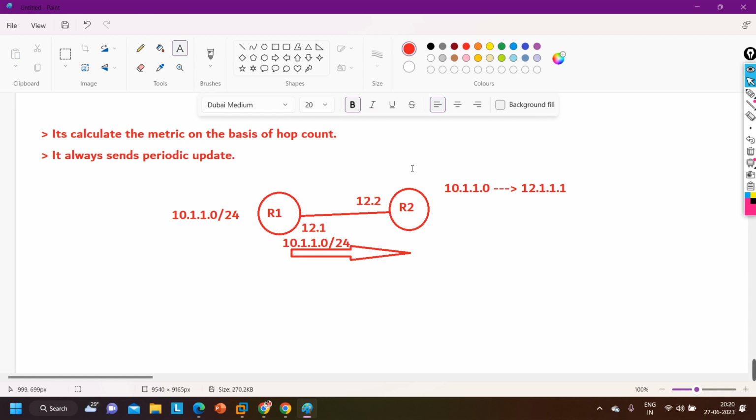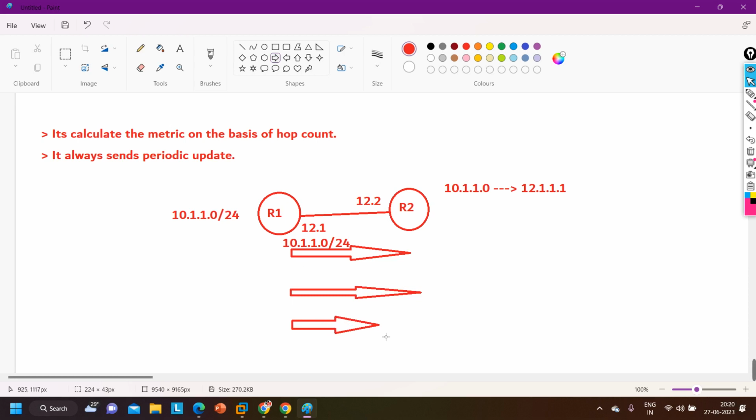No. But all distance vector routing protocols share periodic updates. It will share the same information after a periodic interval of time to router 2, so it is using link bandwidth unnecessarily.